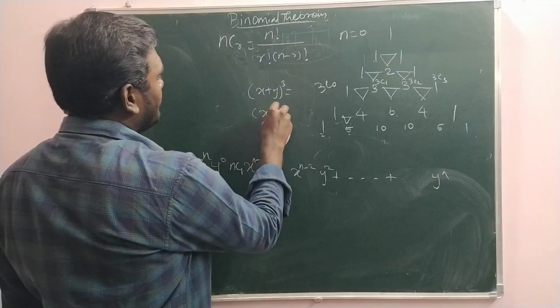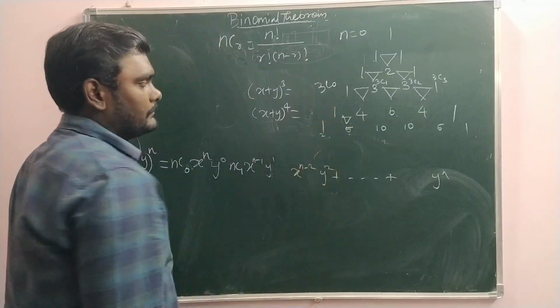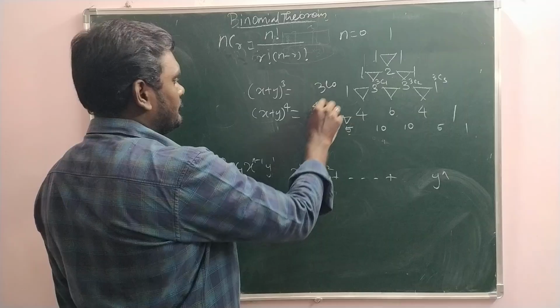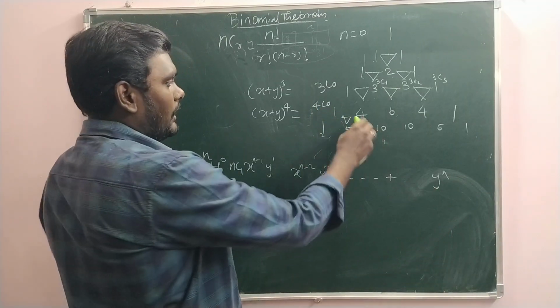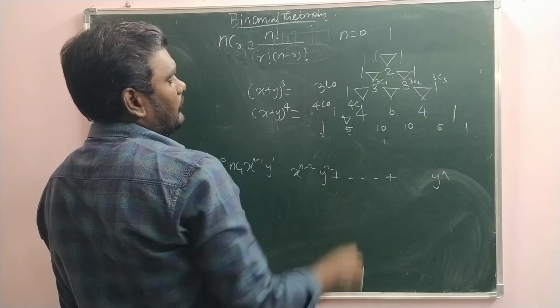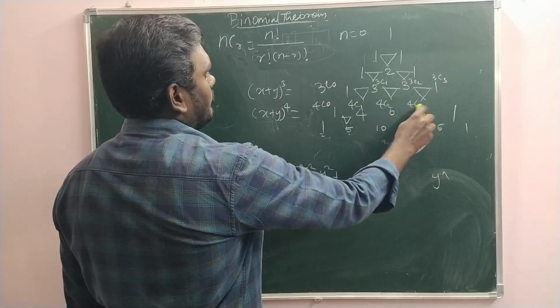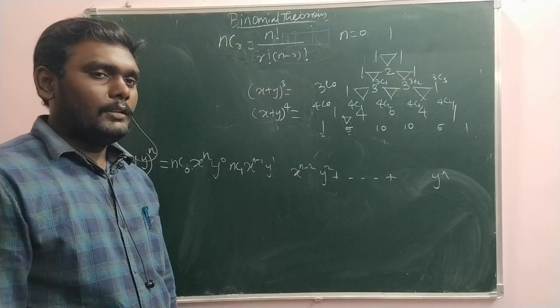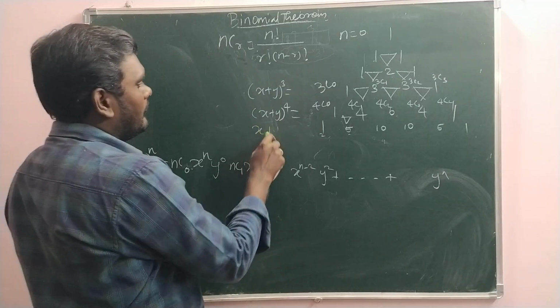This is (x plus y) whole power 4. This will be what? 4C0. And this is 4C1, this is 4C2, 4C3, 4C4. And this is (x plus y) whole power 5.